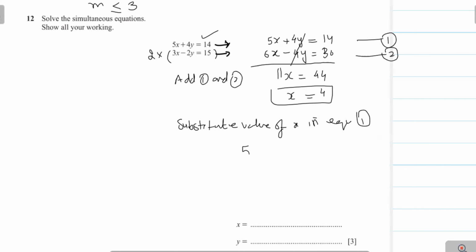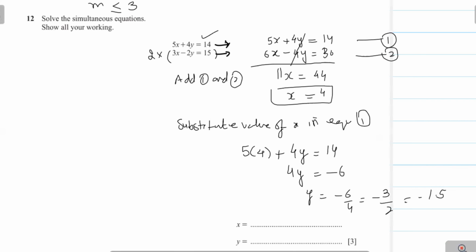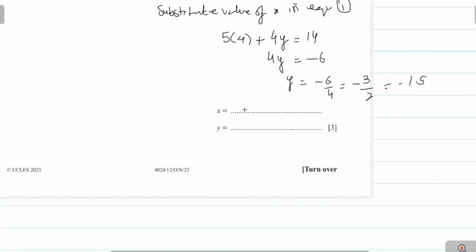Therefore, we can write 5 into 4 in place of x, plus 4y is written as it is, equal to 14. Therefore, 4y equal to 14 minus 20, that's equal to minus 6. Therefore, y will be equal to minus 6 over 4. This will be equal to minus 3 over 2 and this is minus 1.5. The value of x is 4 and y is minus 1.5 and this is the answer.